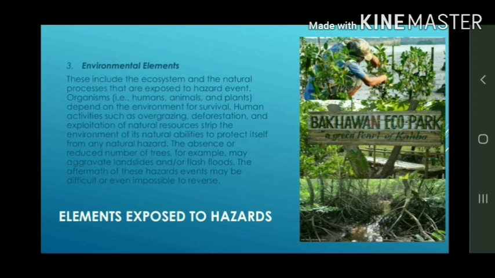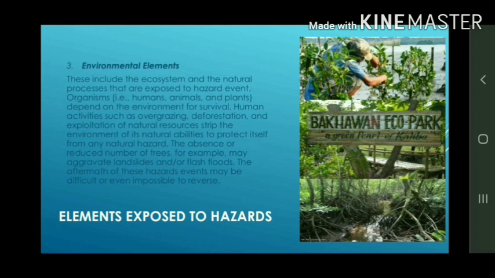Okay, so to reduce the hazard event in accordance to environmental elements, the people and the government should reinforce projects like reforestation, for example. It is reforestation that will help to prevent drought, landslides, or flood, or even storm surge.